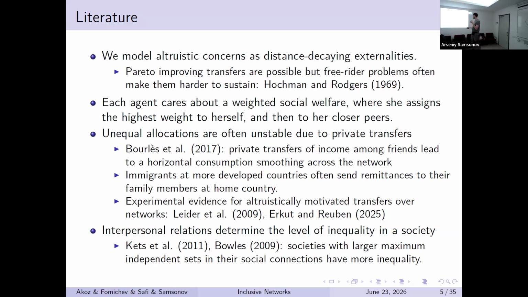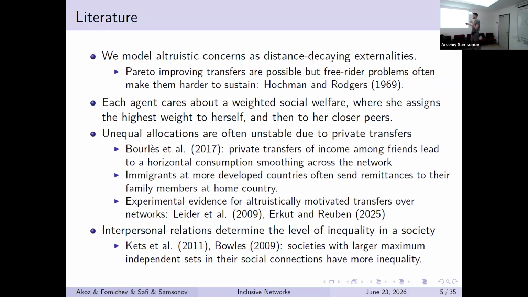Right, and there is this old Games and Economic Behavior paper where they study how unequal a stable allocation can be, and in their sense, stable means that no coalition which forms a complete subgraph can deviate.